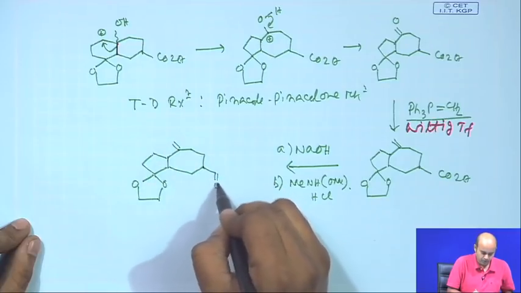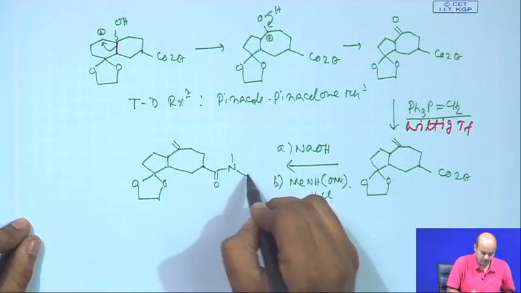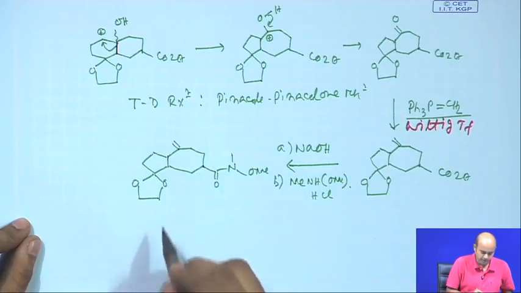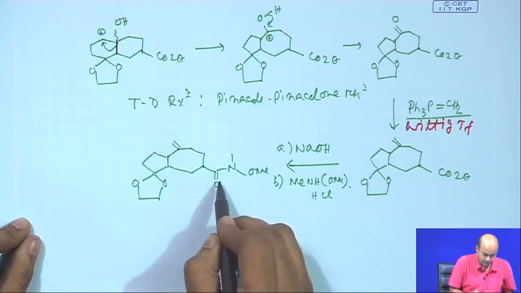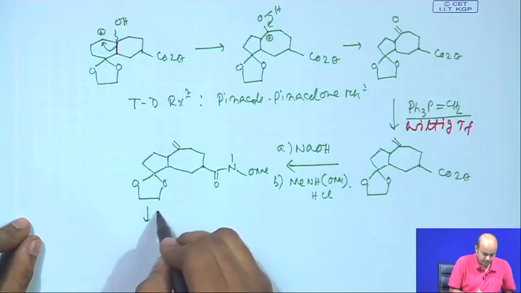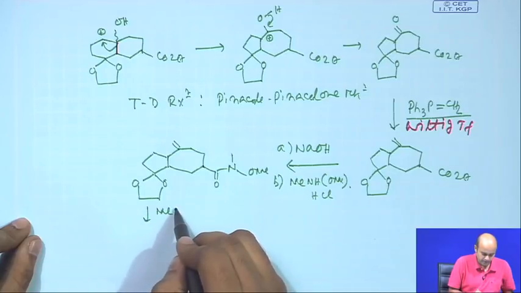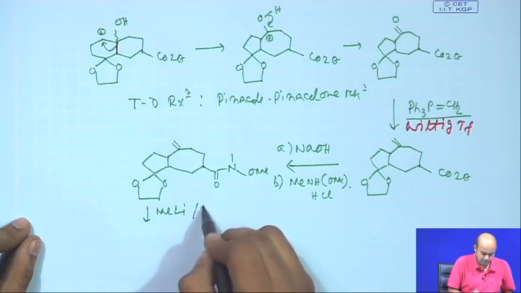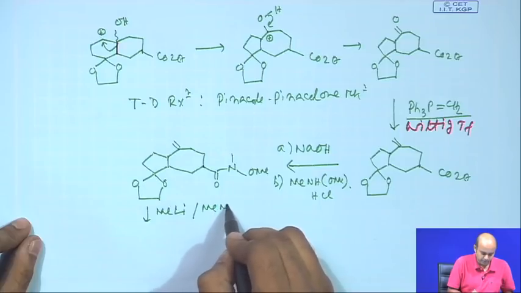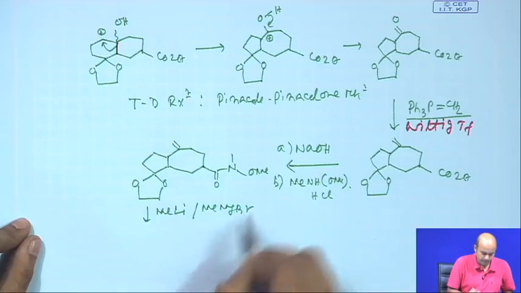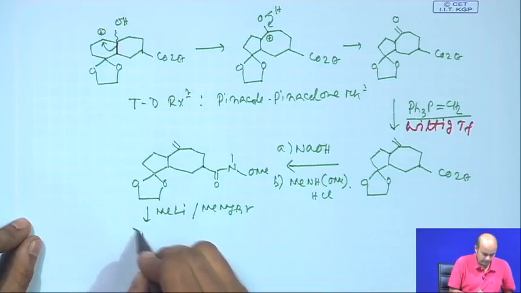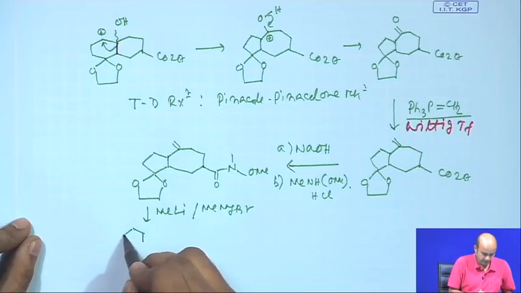This will be CONMe OMe. This chemistry we have already discussed, and now what you need to do? You need to have methyl magnesium bromide or methyl lithium reacting with this Weinreb amide, and then you get the corresponding methyl ketone.